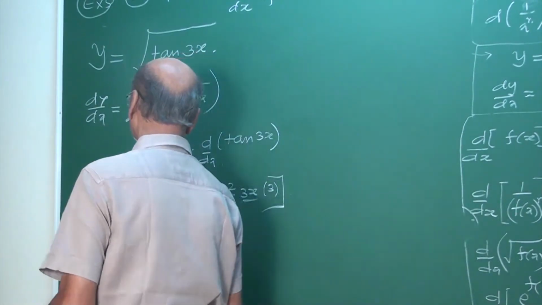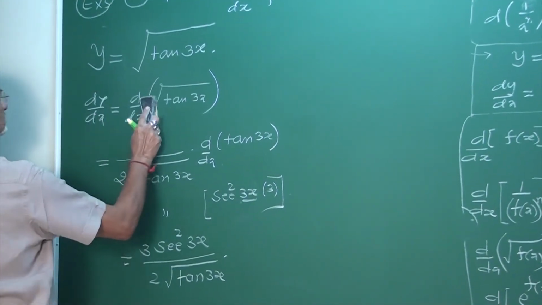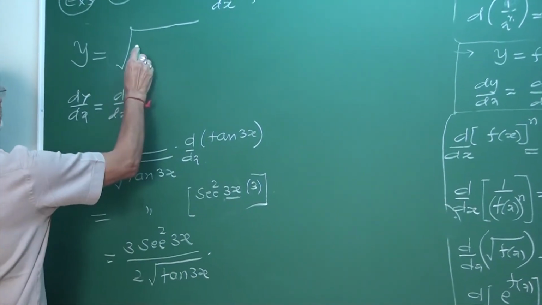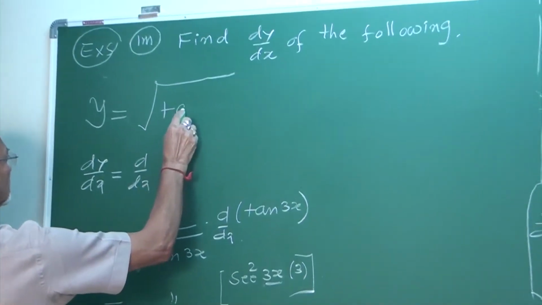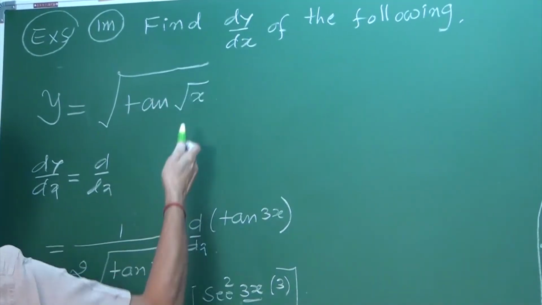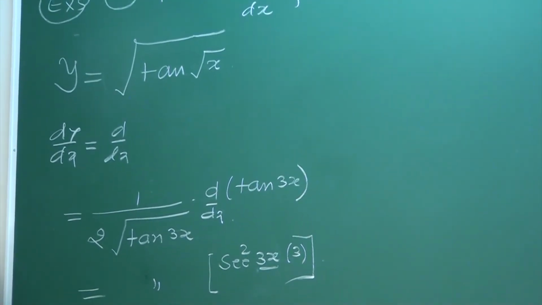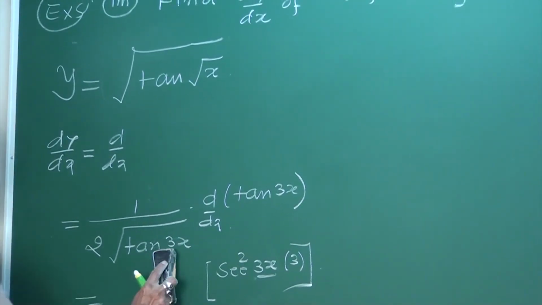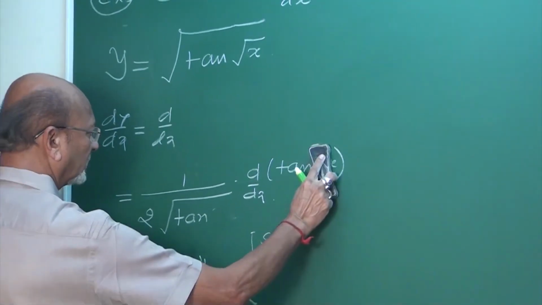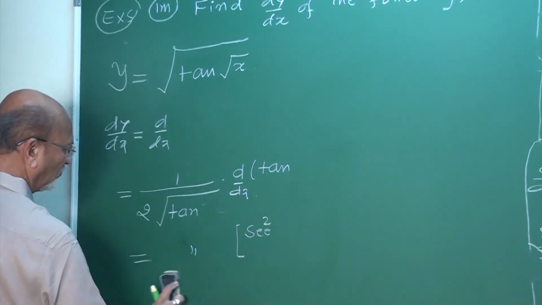Yes, friends. Y equal to square root tan root x. Again, sometimes the students are afraid looking at this. Same thing, my friends. First see it for 1 minute, then you write.